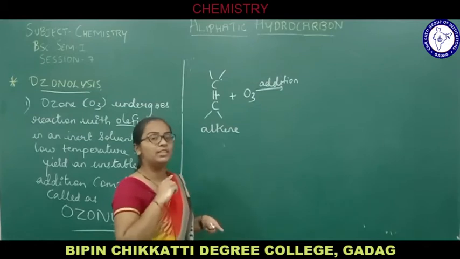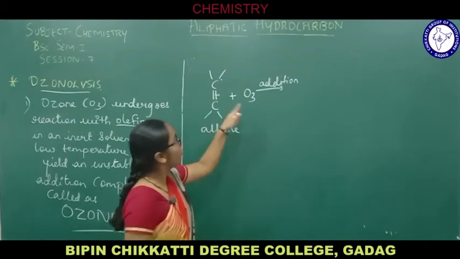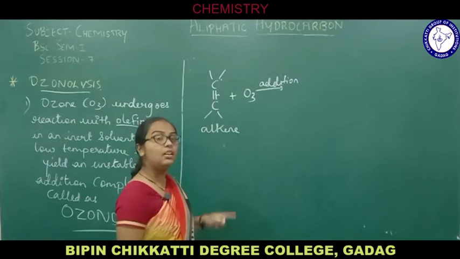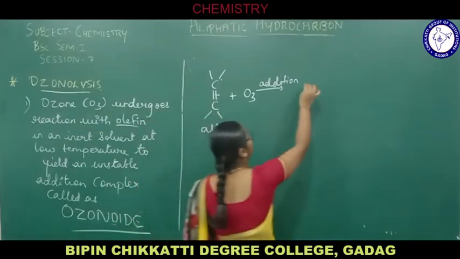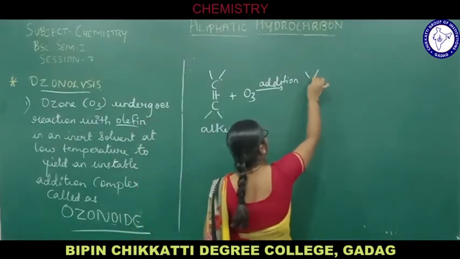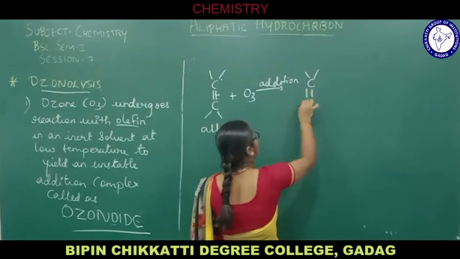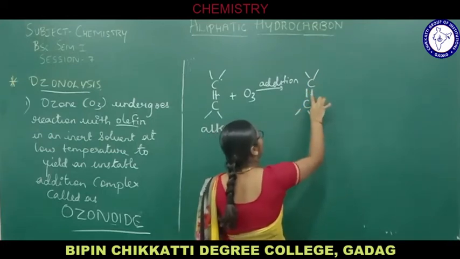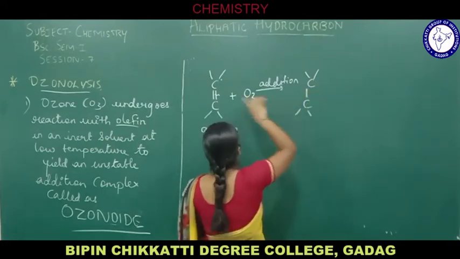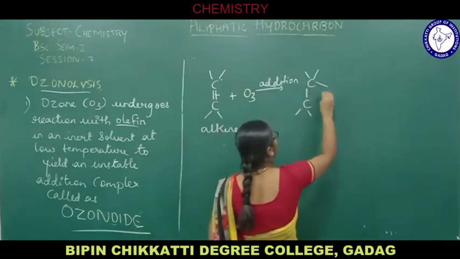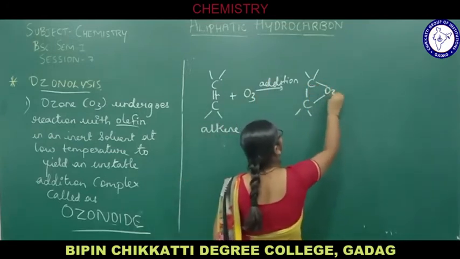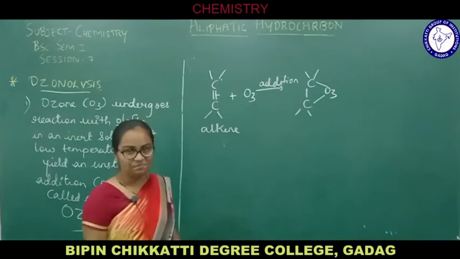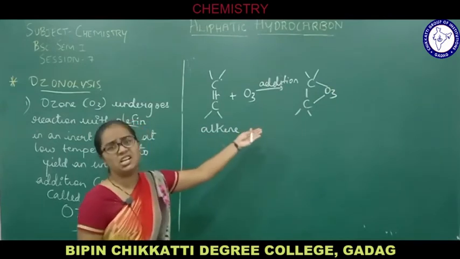That double bond will get cleaved, and this ozone will get attached to that olefin. So after attachment, the structure will be like this. Now this is really very unstable.